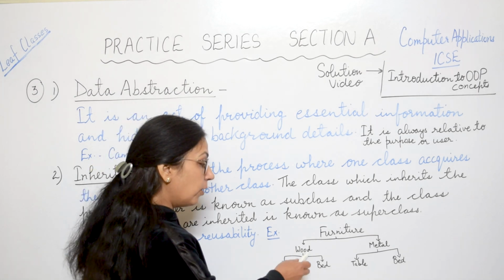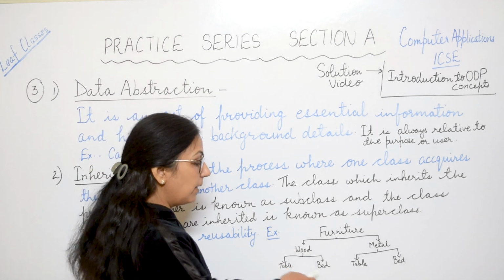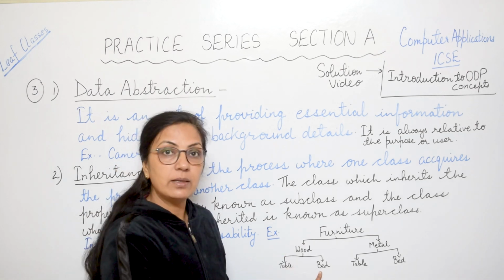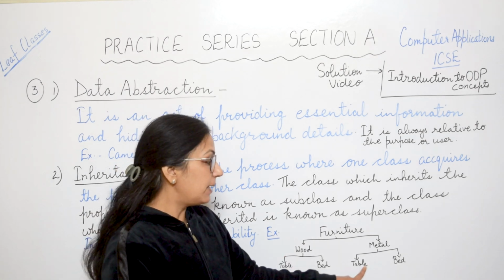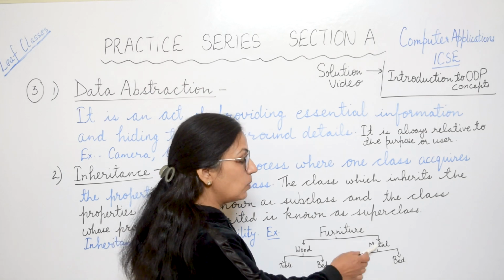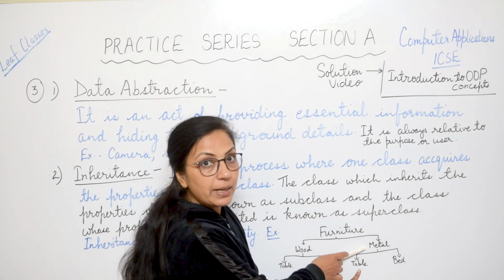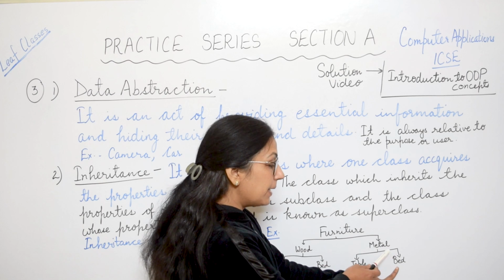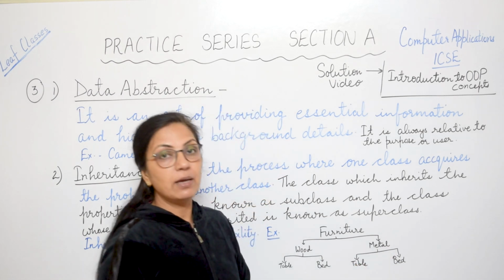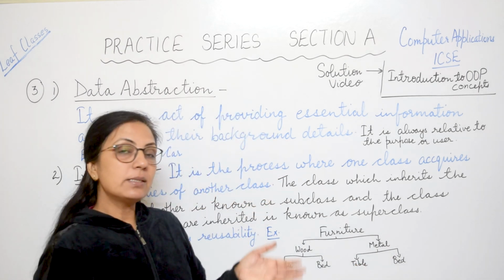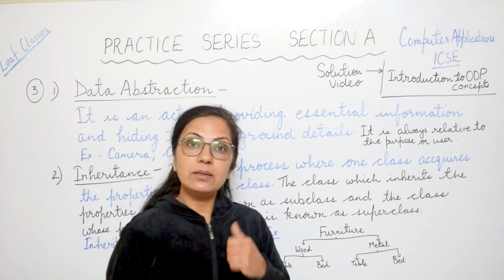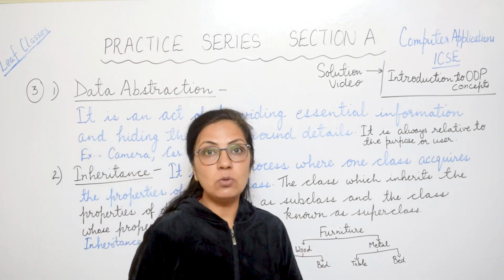So wood properties will go to table and bed will also acquire the properties of wood. Similarly, table class will acquire the properties of metal class, and metal class properties will also be given to bed class. So this is inheriting, and this promotes the reusability.